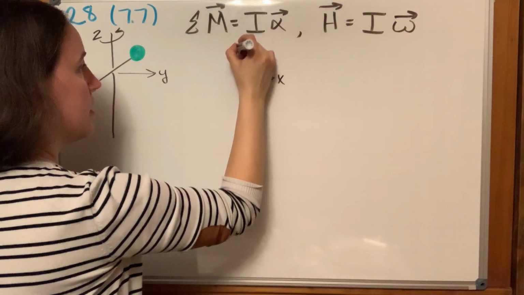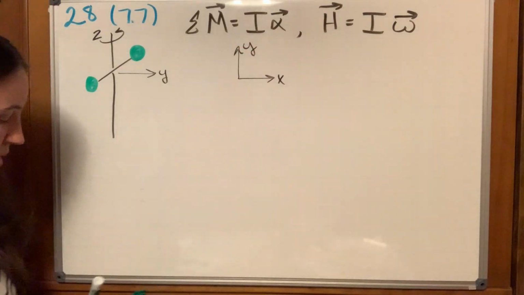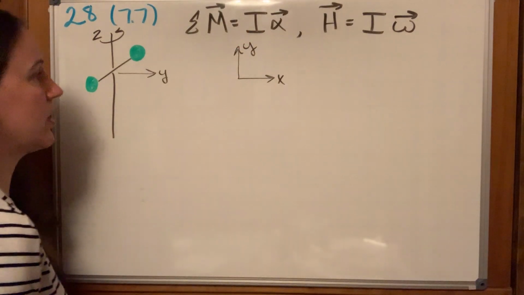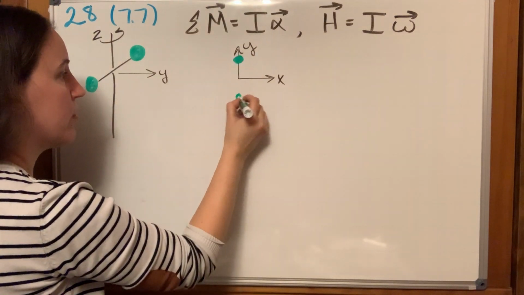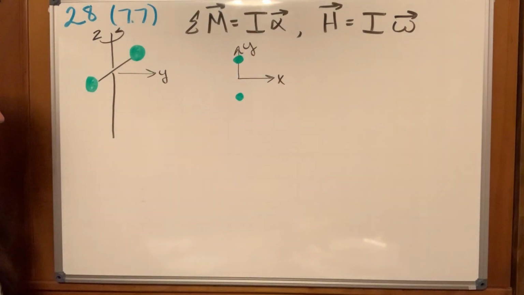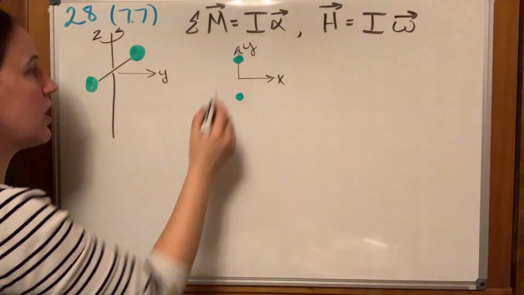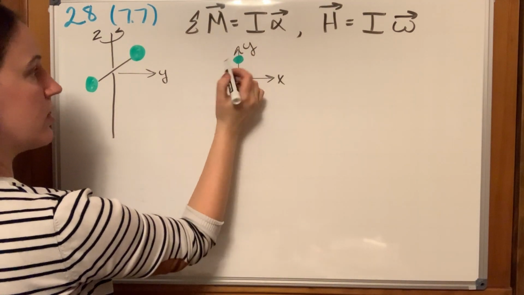x and y from the top here, we can see that we'd have one of our little point masses right here, and the other one right here. And this one would have some velocity because we've got this curling in the z direction.